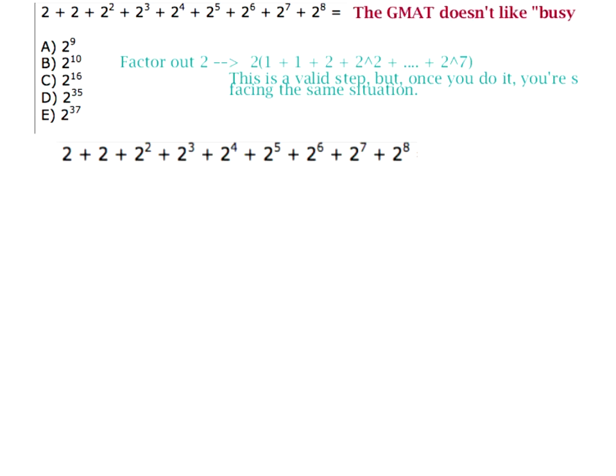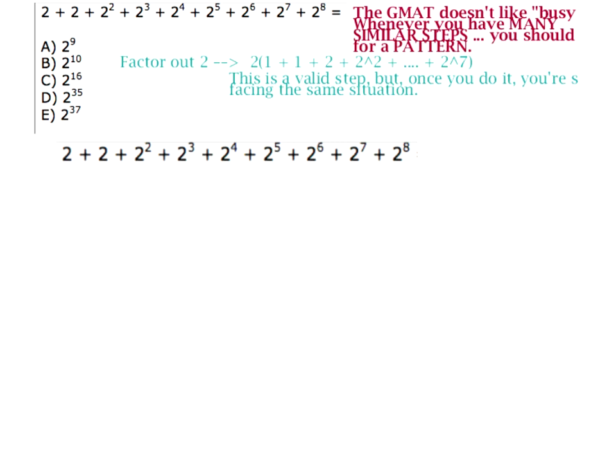So once you see a problem like this, this is clearly more steps than the GMAT would really want you to have to do. So whenever you have a situation with many similar steps, you should look for a pattern.